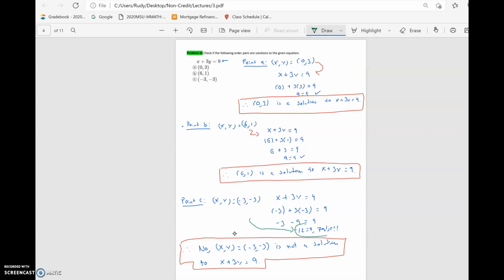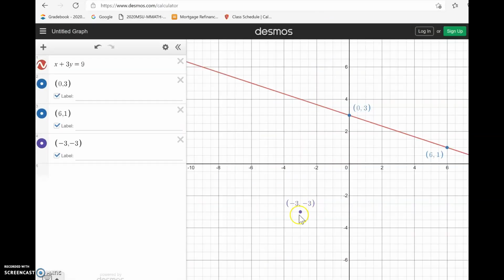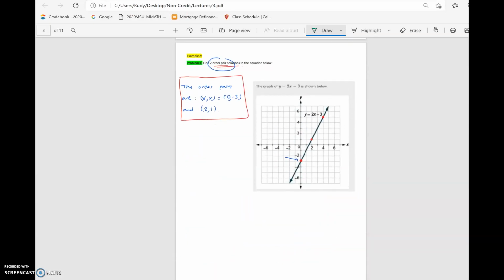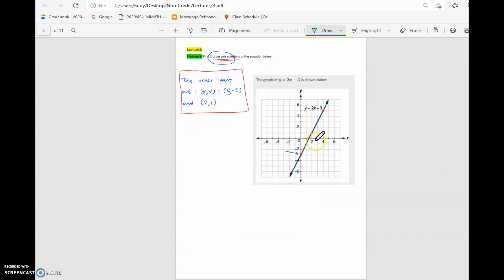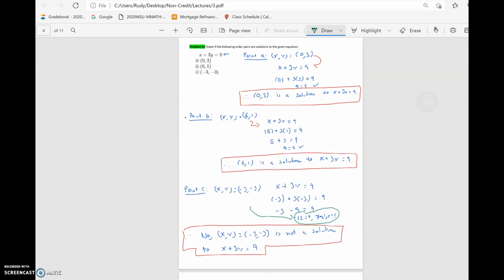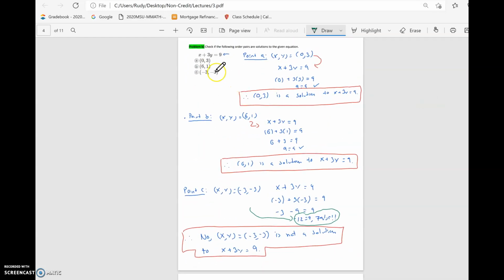And the false algebraic statement actually means that no, that coordinate point of (-3, -3) is not on the line. So that's the main point, that when we're looking at ordered pair solutions, we're always looking at points that are part of the given line. That's actually it for this problem. Let me just display the last portion of it. Once again, one given equation, 3 coordinate points. For this one, only 2 were part of the line.